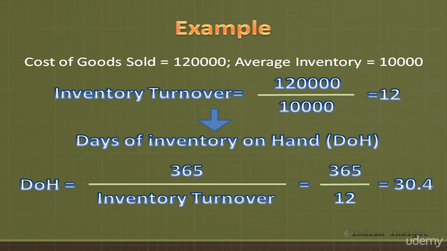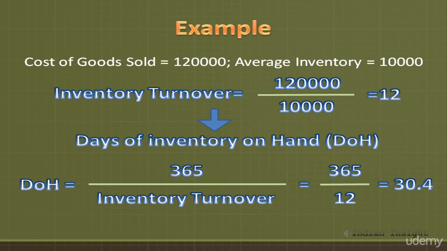For example, if this year for a company the cost of goods sold is 120,000 while the average inventory is 10,000, the ratio is 120,000 divided by 10,000, which is just telling you that in a year the company is actually selling its average inventory 12 times, which also means it is able to clear its inventory once every month.